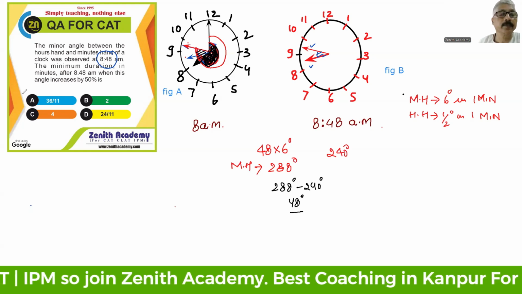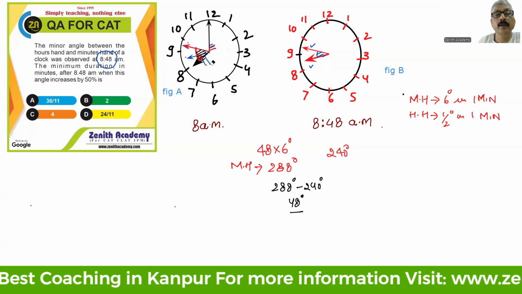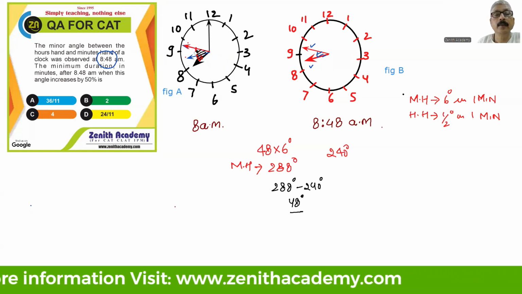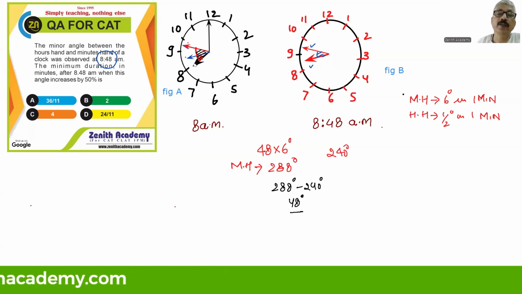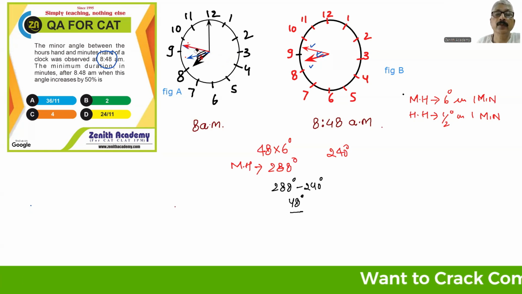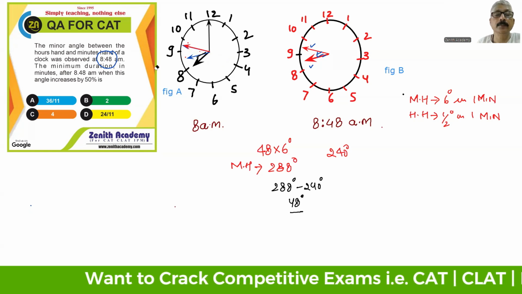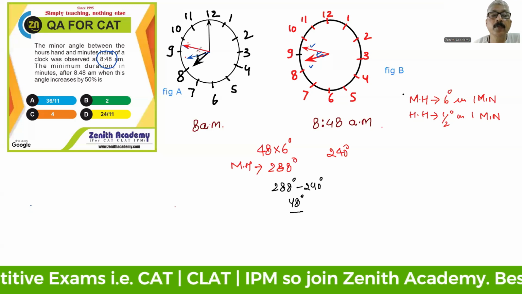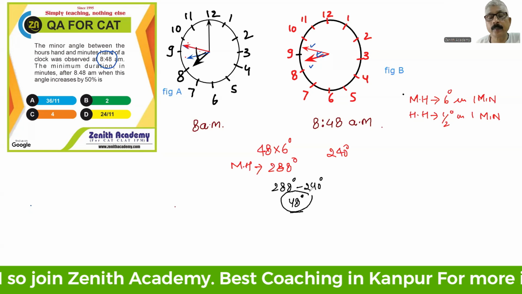I mean to say, here the angle made by minute hand from figure 8 position when the time was 8, if you see, this angle will be this whole thing, this is 48 degree.